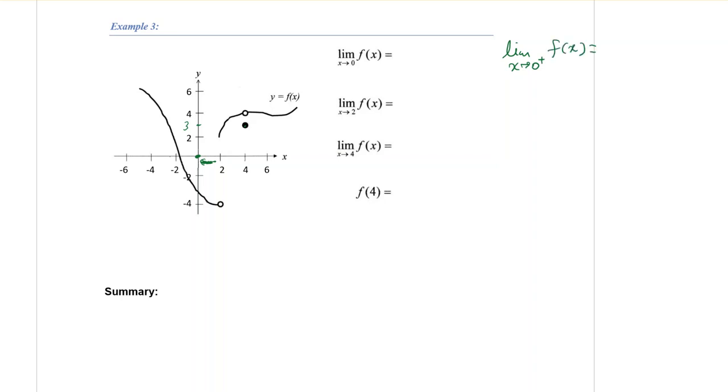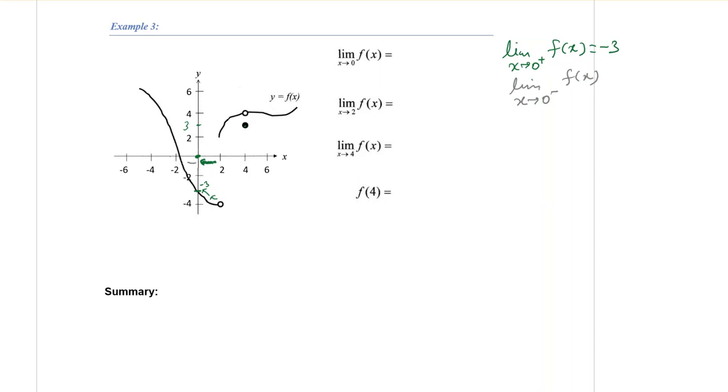When x approaches 0 from the right side, the positive side, we see that the y value is approximately -3. Similarly, we can figure out the limit as x approaches 0 from the negative side.